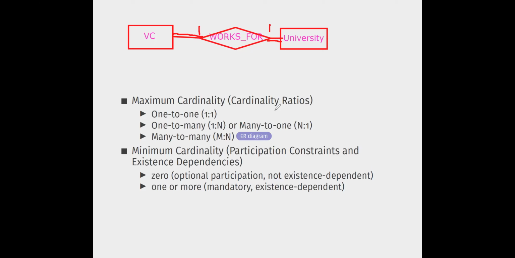If somebody puts two lines, that is also correct. But you have to make that assumption and write it down. If you say there are some universities without a vice chancellor, it will be partial. If you assume all universities have vice chancellors, then it's total. That's how you have to determine it.